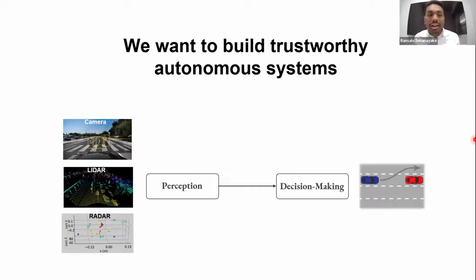So in my work, I basically get data from various sensors: camera, LiDAR, and radar. And in today's talk, I will mostly focus on LiDAR and radar, basically, where we have some depth information. So we get this data and we create a representation of the world. Then use that representation for decision making.